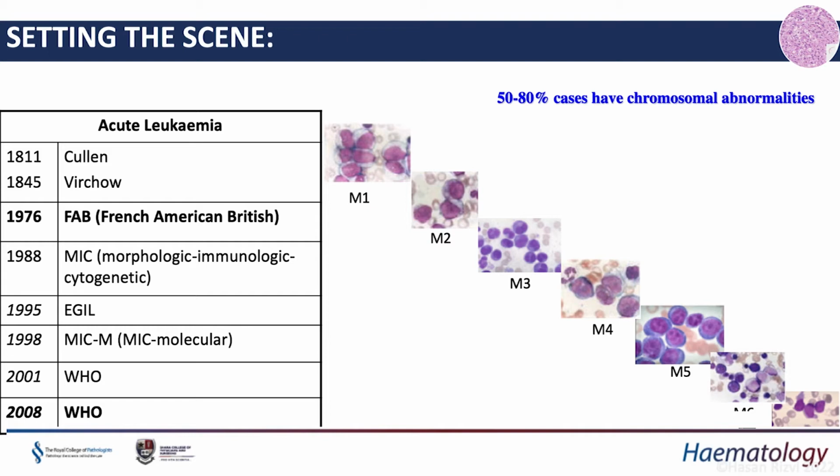Then as we moved forward, it became more and more genetics based, and now the current classification of leukemia is based on a lot of recurrent genetic abnormalities and on molecular data, and that's where we're heading. This ties in with the previous slides, where we're moving towards computational and genomic medicine.